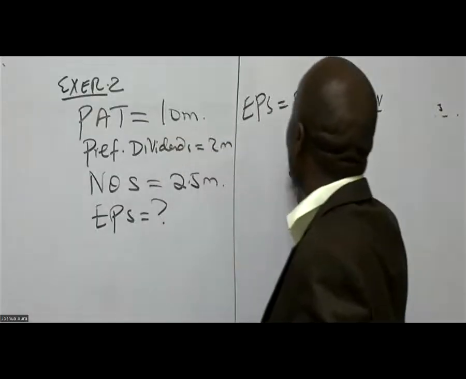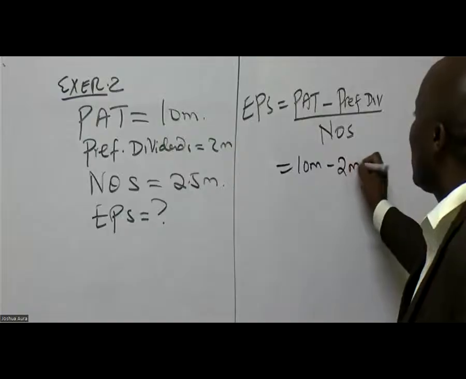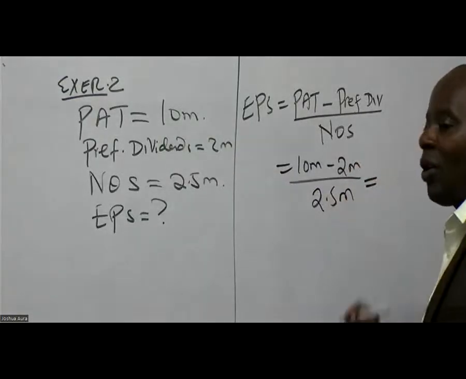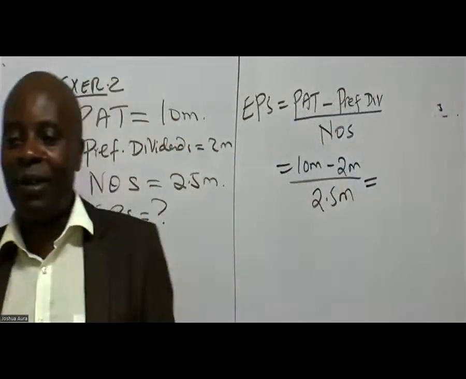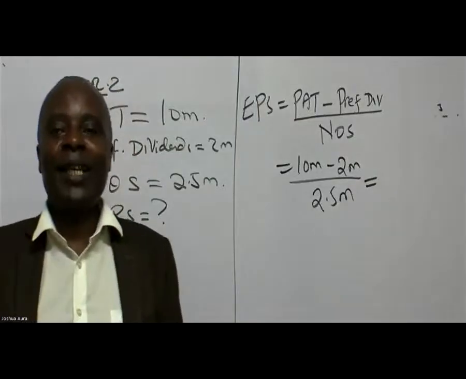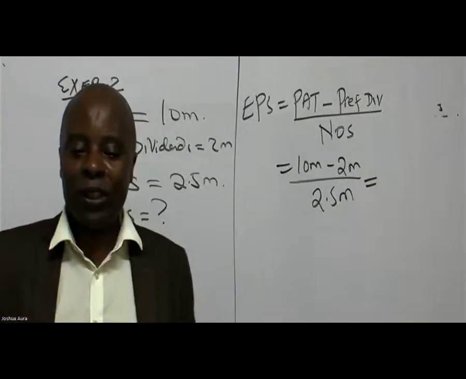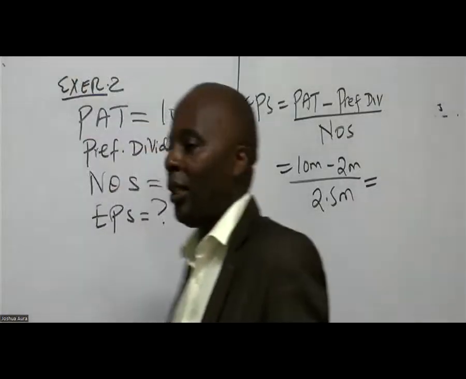So the profit after tax is 10 million minus preference dividends of 2 million, all over the number of ordinary shares of 2.5 million, which at the end of the day will give me what figure as EPS? Somebody already had gotten this earnings per share as 3.2.